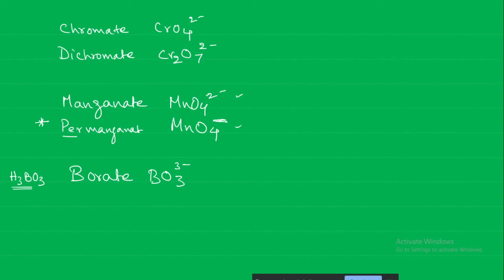Hydrogen, helium, lithium, beryllium, boron: atomic number 5. Group number 3. If you look, the most common oxidation state, or valency, for group number 3 will be.